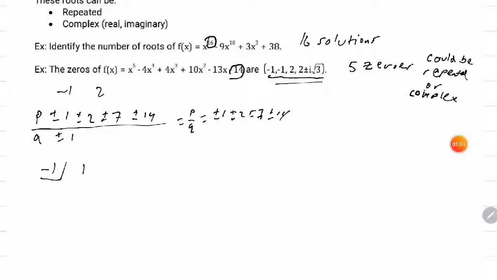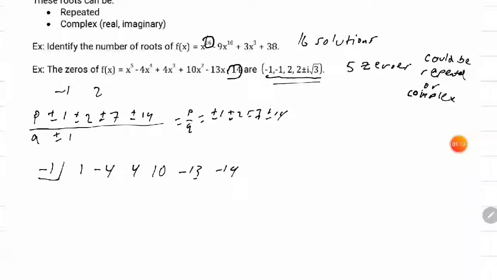Our coefficients are 1, negative 4, 4, 10, negative 13, and negative 14. This represents the coefficient in front of my x to the fifth, the number in front of my x to the fourth, x to the third, and so on.